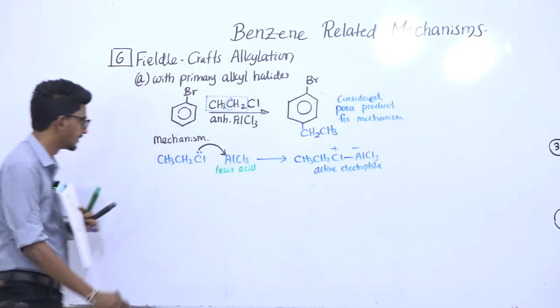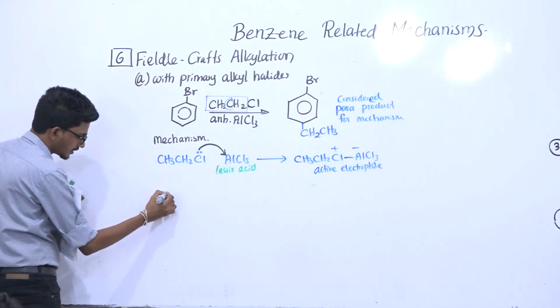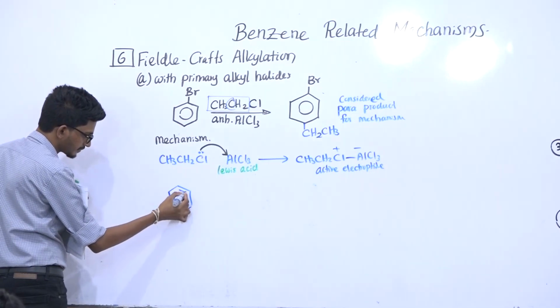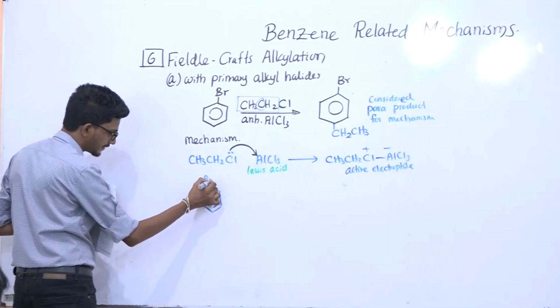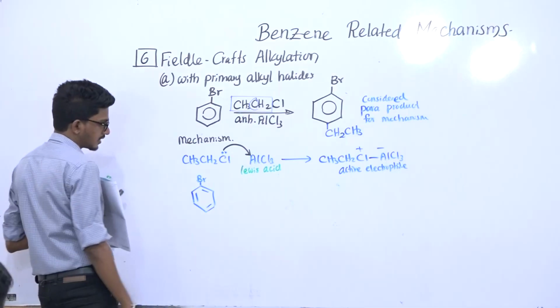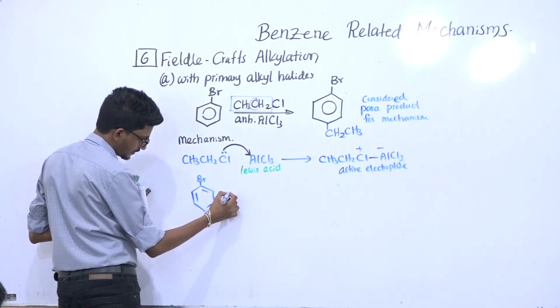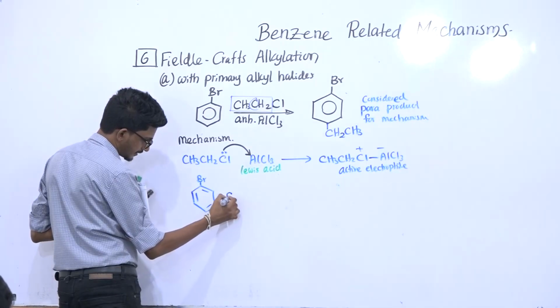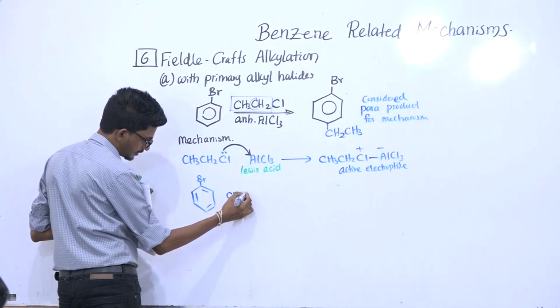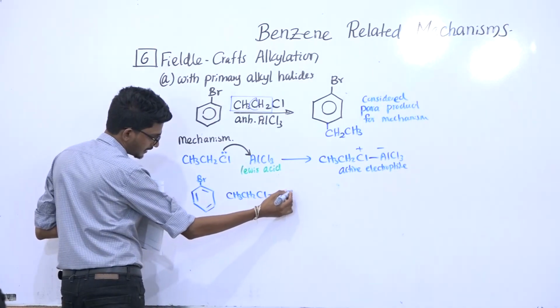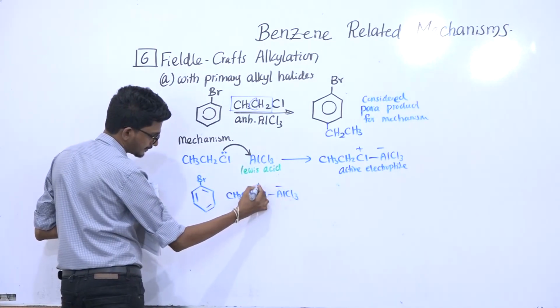Then now this one will attack the ring, right? So the benzene ring is there like this. The Br is there, right? So we have this one, CH3, CH2, Cl with the AlCl3.